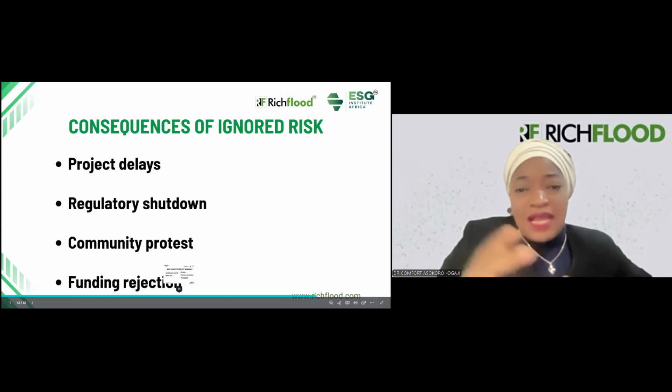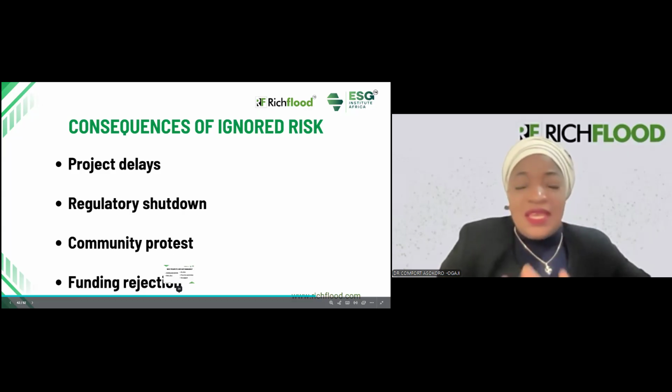How do risk and bankability go together? A project without proper risk management is actually not bankable. If we have not identified the risks associated with a project and how to manage them, that project is completely not bankable. If the project has weak systems in place, that can result in conditional approvals.